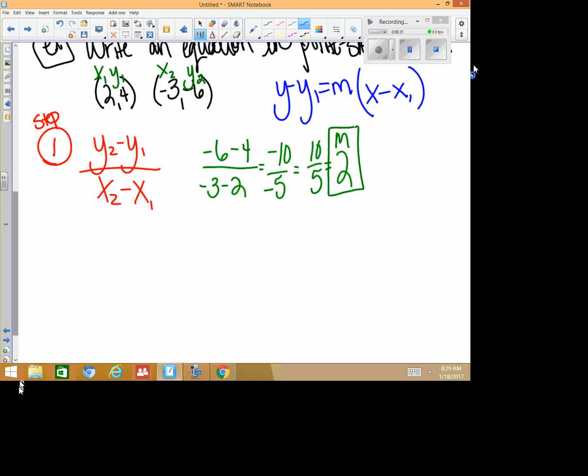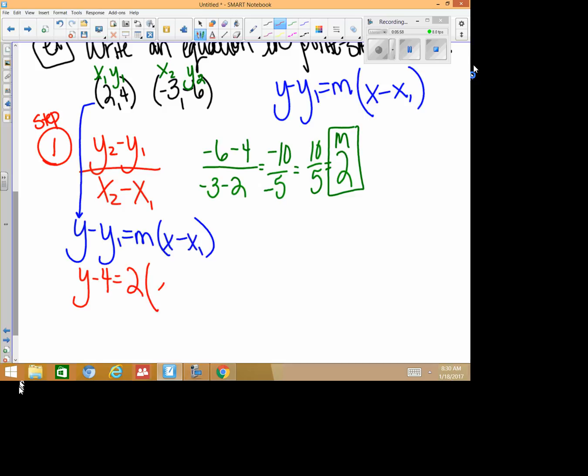So when we have this one, I'm going to use this one first, okay? I'm going to plug that one in. So when I plug it in, x1 goes over here, y1 goes right here. So y minus 4, use that slope I found of 2, x minus 2, and that's it.